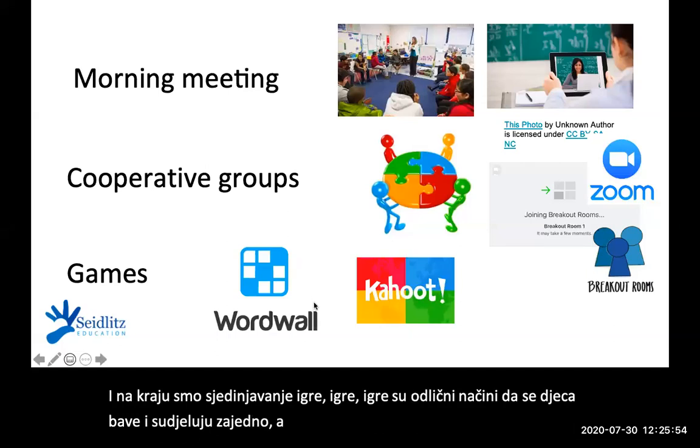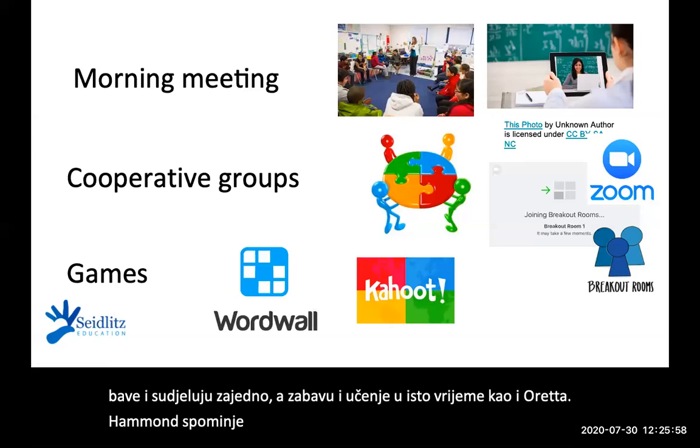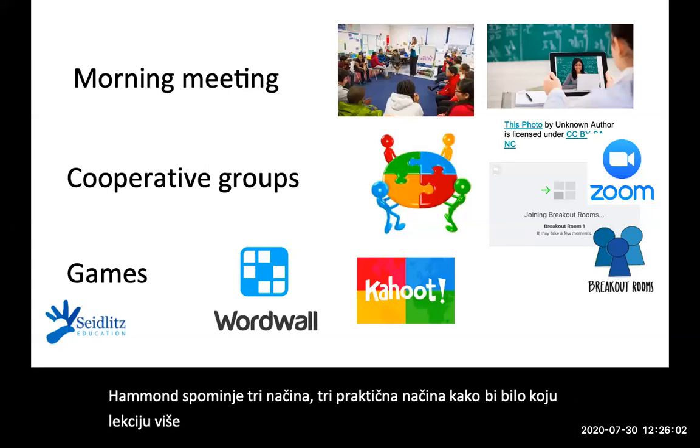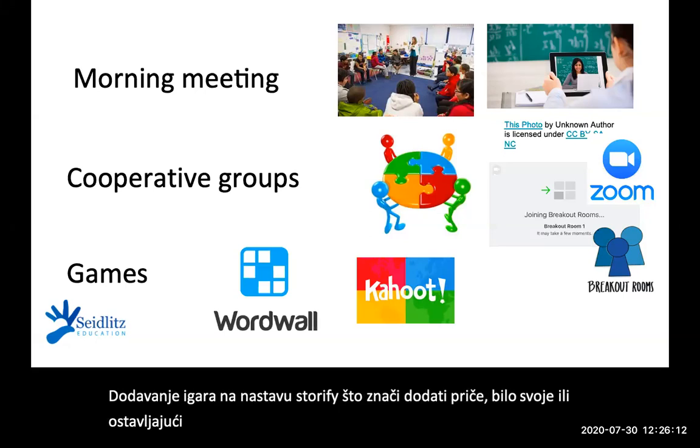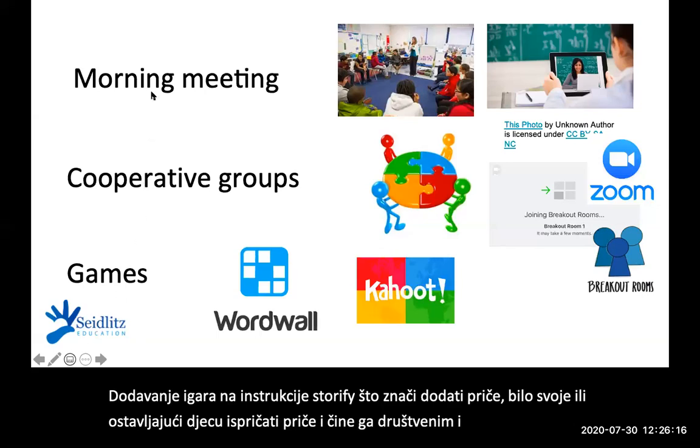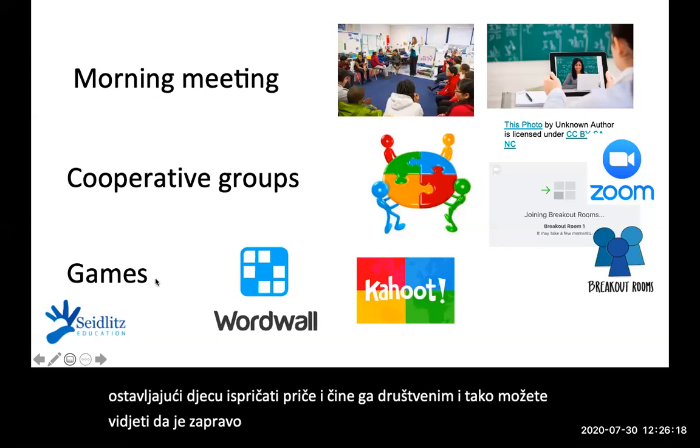Zaretta Hammond mentions three practical ways to make any lesson more culturally responsive. Gamify, so adding games to instruction. Storify, which means add stories, either your own or letting kids tell stories, and make it social. And so you can see that actually all three of these do just that.